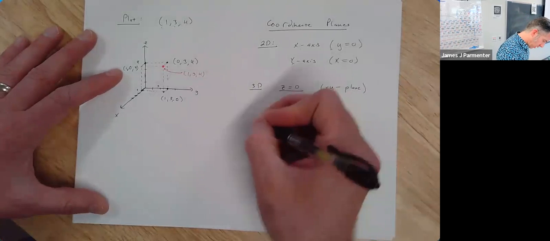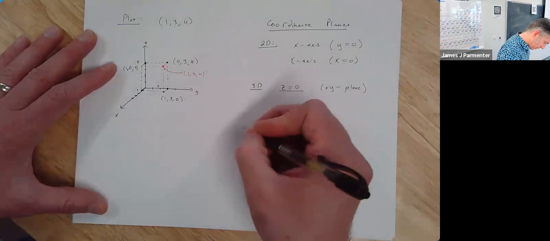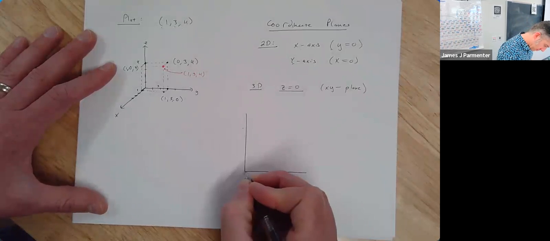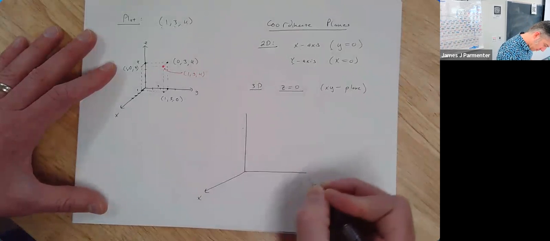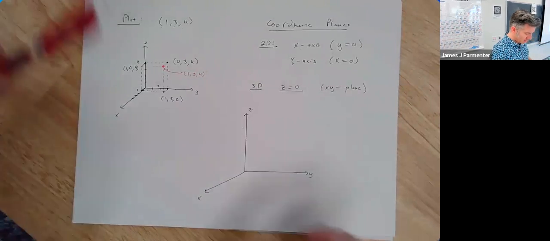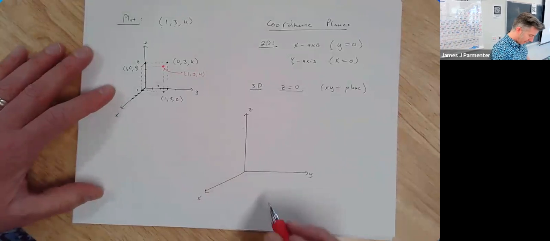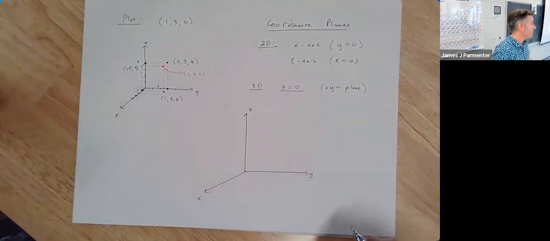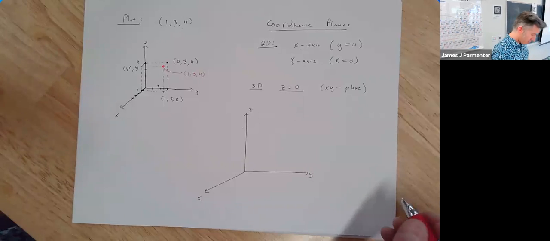So if I draw my system here, z equals 0 is all the xy plane, because I can't go up or down, but x and y can be anything I want them to be.